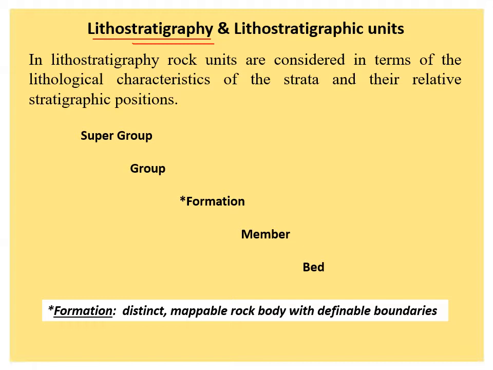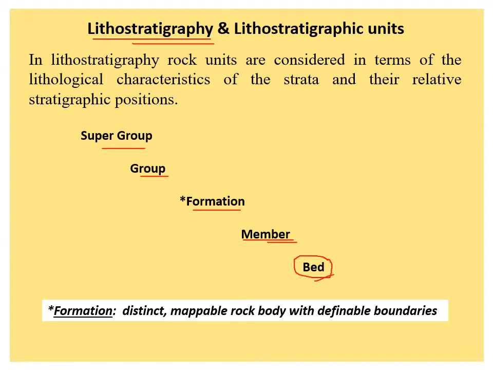So on the basis of lithological characters, we divide the rock record, and we divide rock into the smallest unit, which is known as bed, which indicates a particular physico-chemical condition of deposition. That is the smallest unit, and successively higher units are member. That means a member consists of certain kinds of beds. The higher unit is formation, then group, then supergroup.